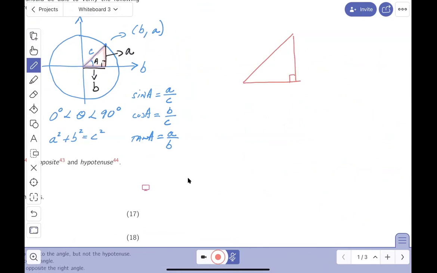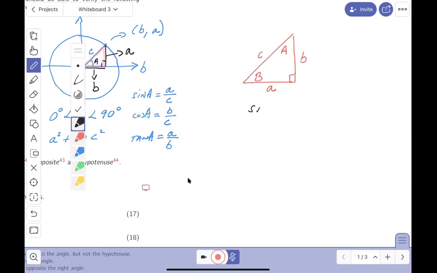Right triangle. I'm going to call this side C. I'm going to call this angle B. I'm going to call this angle A. This would be side A. This would be side B. All right, I'm going to write down 3 more, right? And it shouldn't be much of an issue over here. Let's write this down.